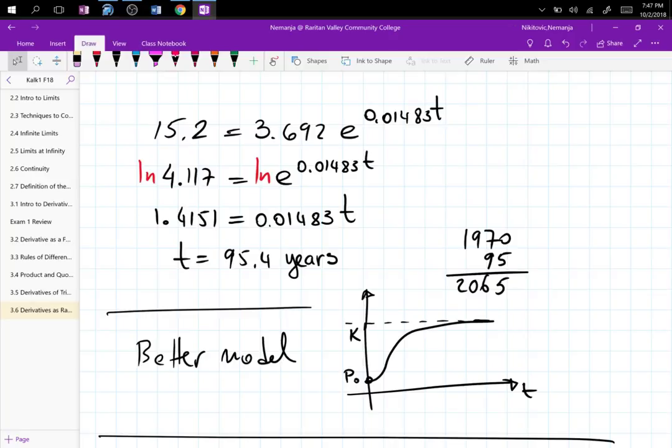No, I was just waiting for it to eventually happen. We're supposed to take the derivative of our model and see how many people we added in a year. We used calculus, we didn't do any of that stuff. So now we have to go back to population, back to time, and fix that.